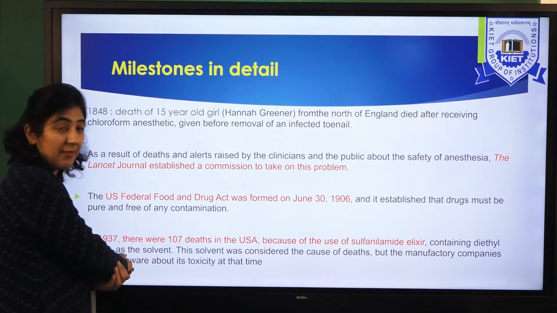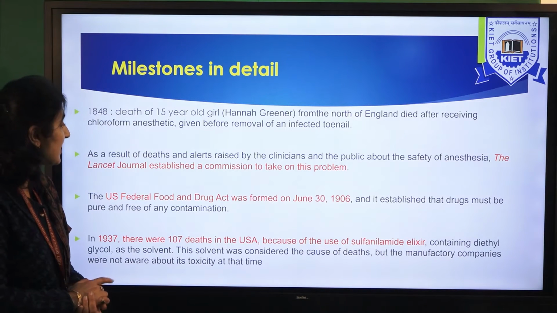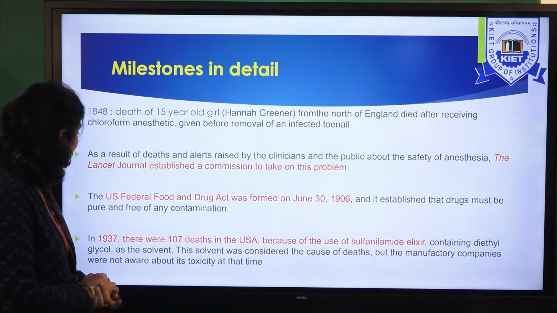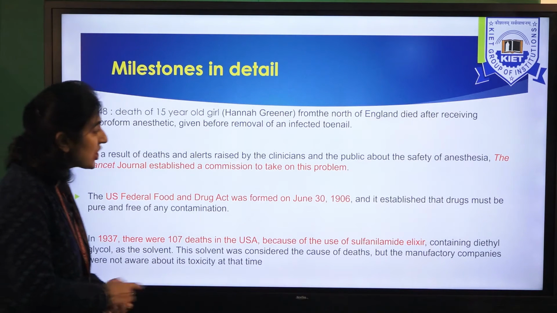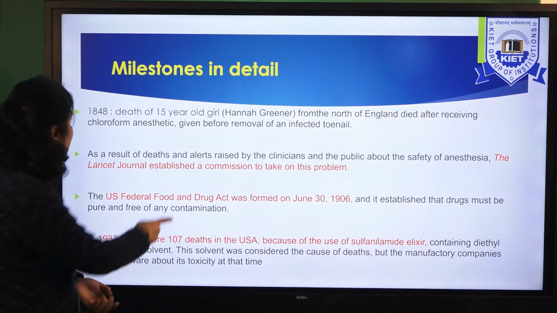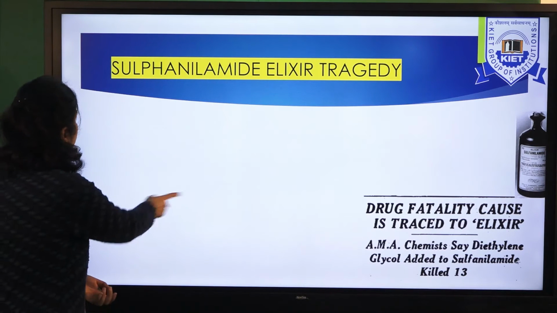In 1937, there were 107 deaths in USA because of the use of sulphanilamide elixir, which contained a very harmful solvent, diethylene glycol, and this solvent was the major cause of deaths, right? But the manufacturing companies were not aware of its toxicity at that time. So let's see, what is the sulphanilamide elixir tragedy?